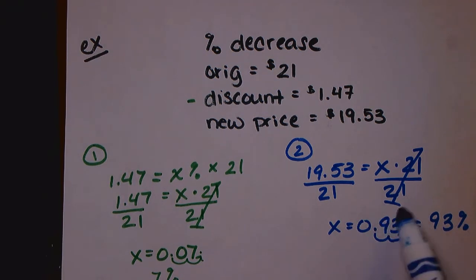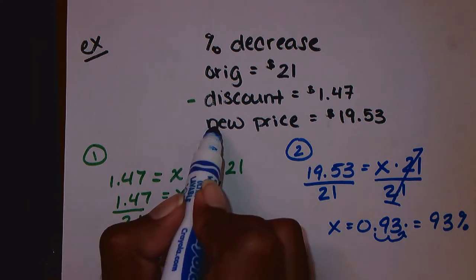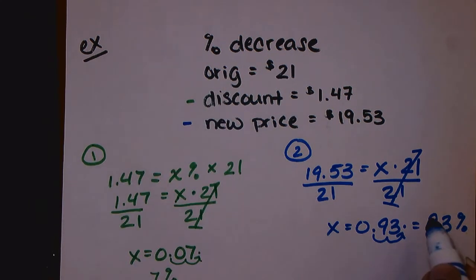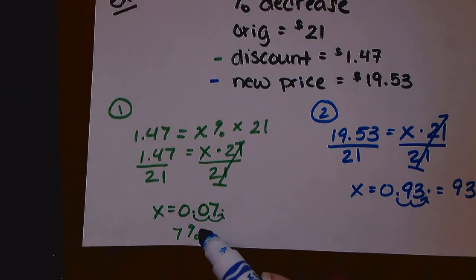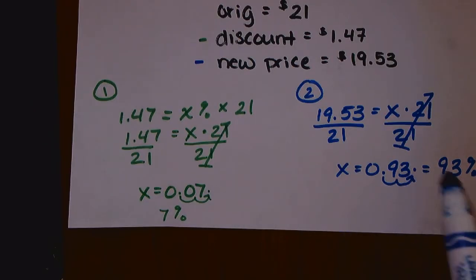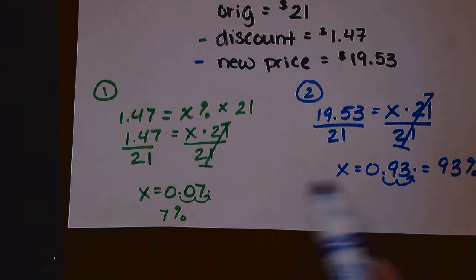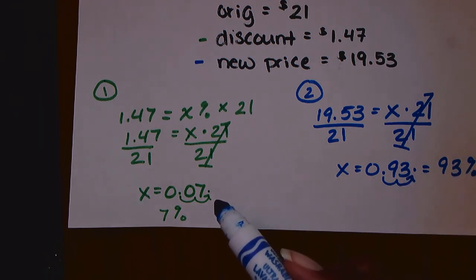If you do it this way, the question you really want to ask is, my new price is 93% of my original price, which means that I got a 7% discount, because 93 is 7 less than 100.